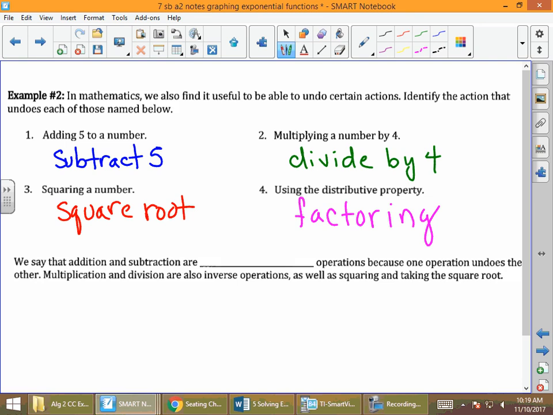And what we call this in math, we say that addition and subtraction, or multiplication and division, or square rooting and squaring, they're called inverse operations, because one operation undoes the other, and I'm not sure that's a word. Also, factoring and distributive property, those undo each other, so they're inverse operations. And luckily we've done a unit on inverses, so we have a little bit of background.